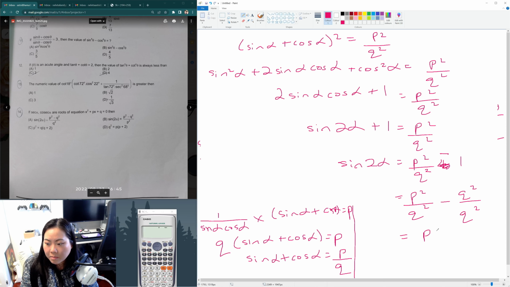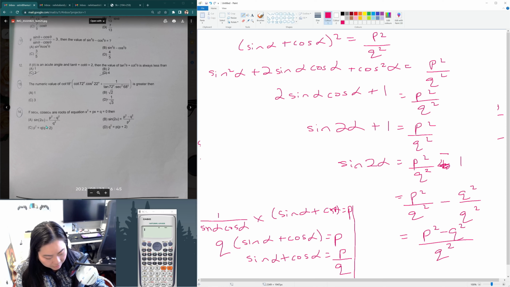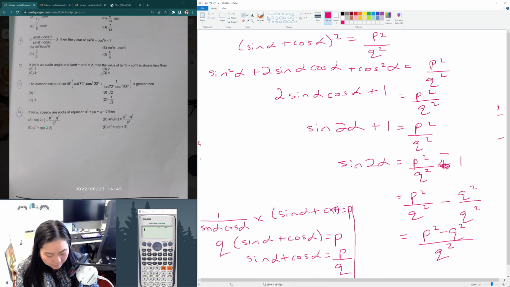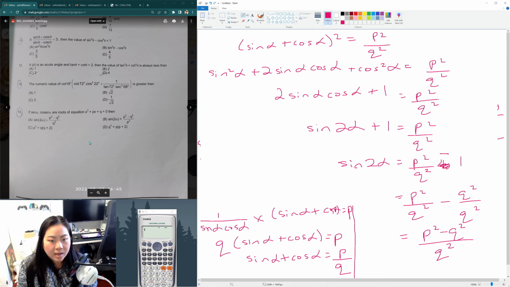So now we can combine the two. So p squared minus q squared on q squared. And that is A. Let me see if that's what I got the first time around. P squared minus q squared all over q squared. Yes, A.